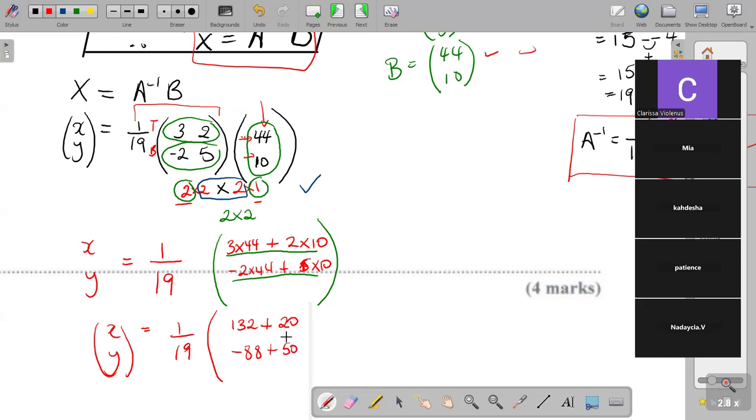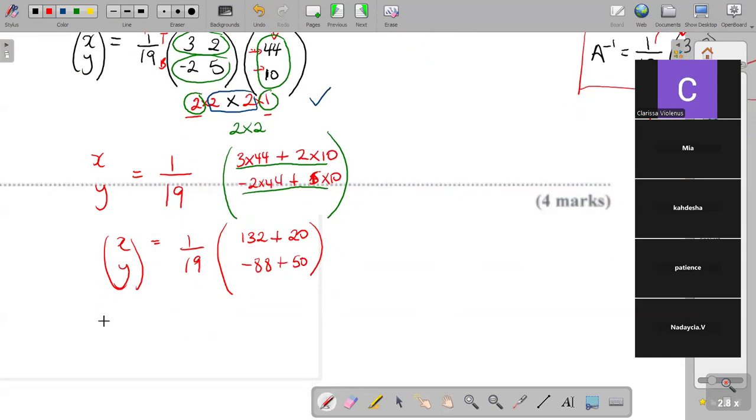I'm getting a little tired, so just check it for me, please. So X and Y is equal to, somebody give me the final sums. This would be what, 152, and the bottom would be what, -38.